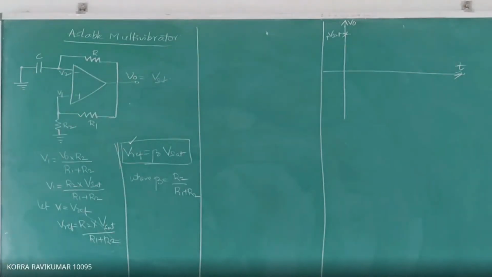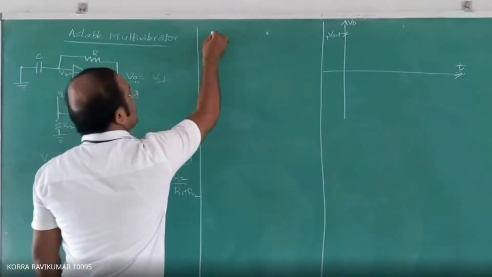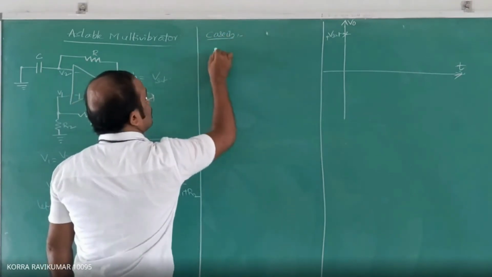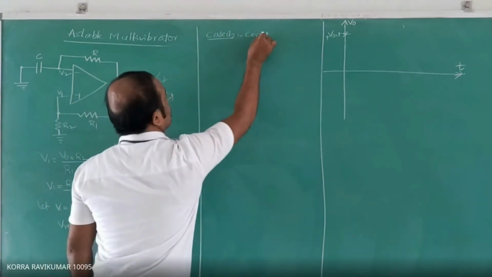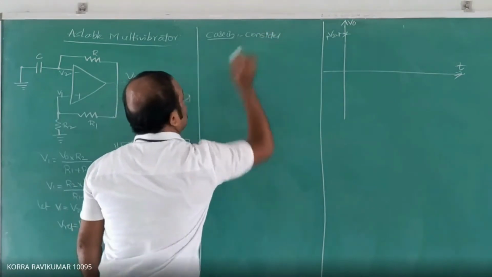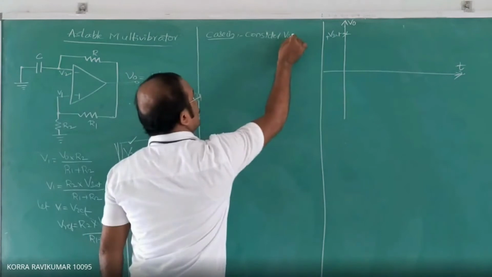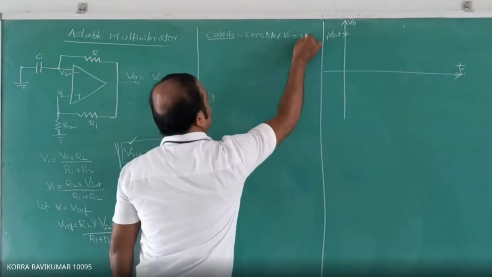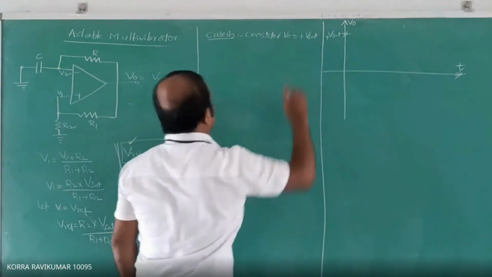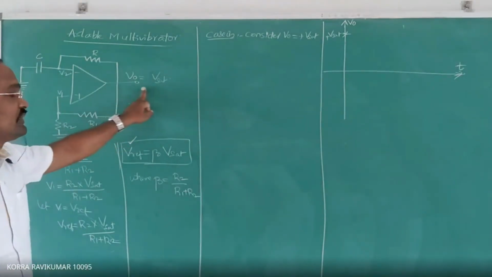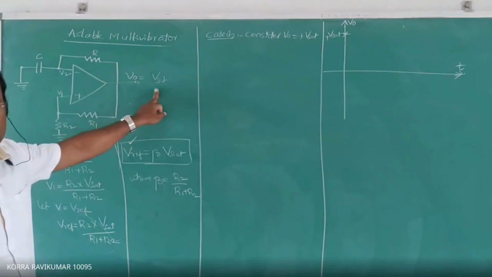Now consider case 1. Consider V0 equal to plus V saturation. Initially, in case 1, consider V0 equal to V saturation, which we got as the output.